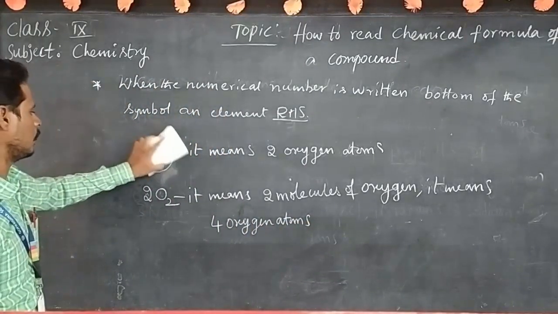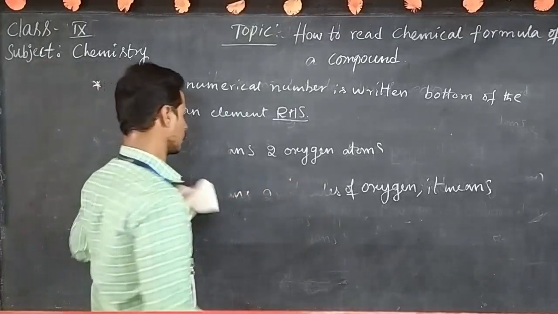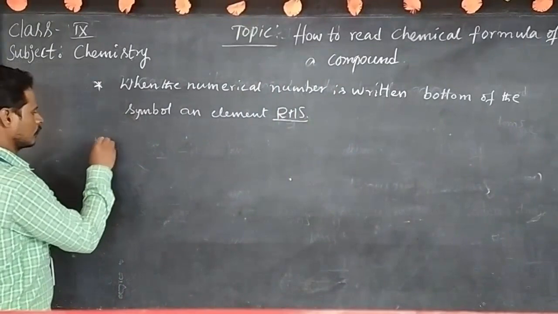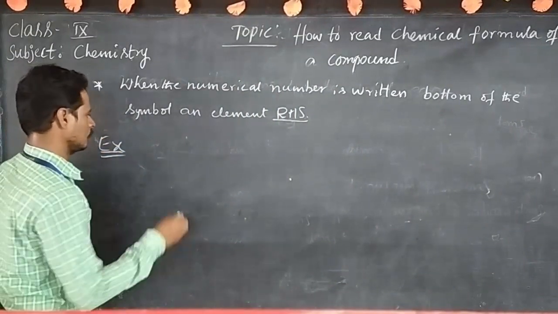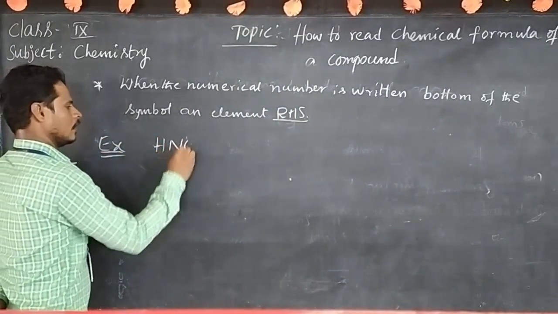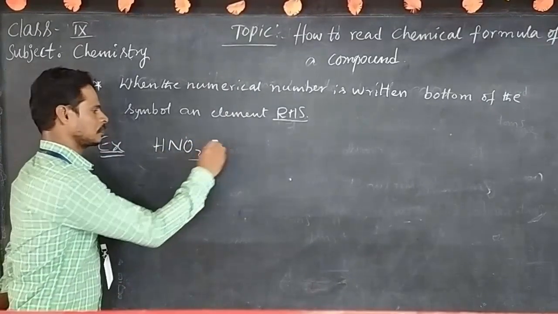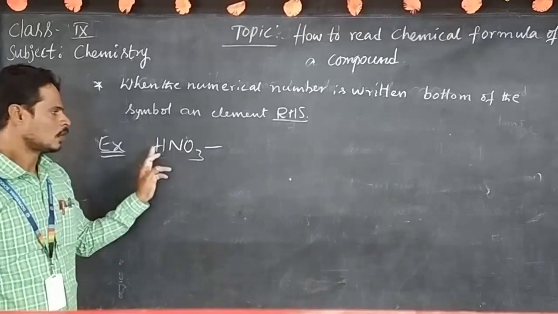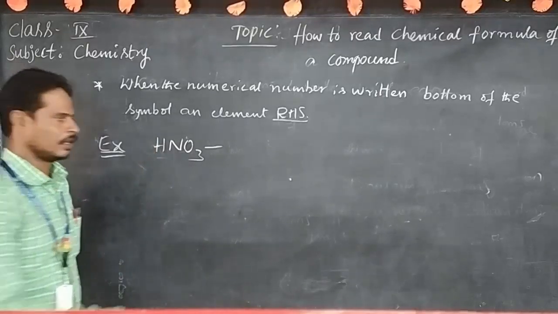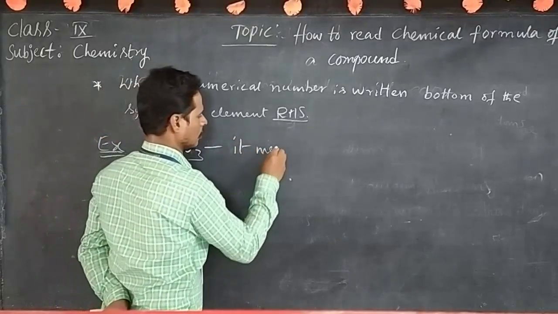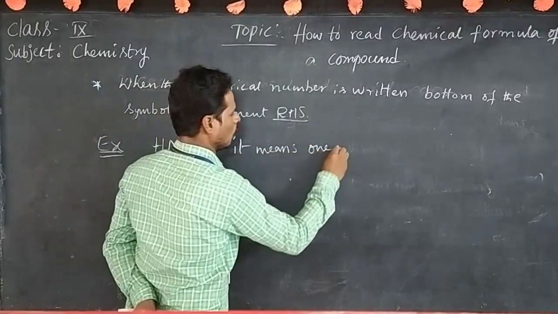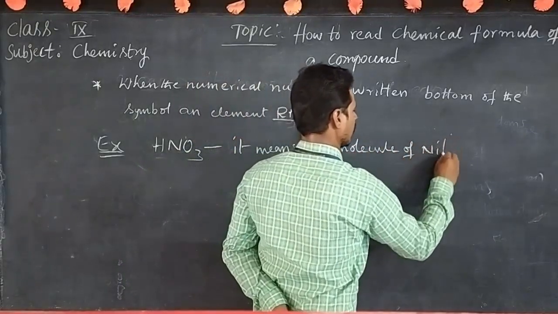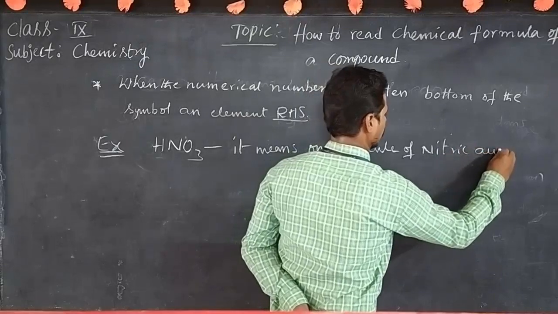Next, another example. HNO3. In front of HNO3, is any number there? No. So it means 1 molecule of nitric acid.